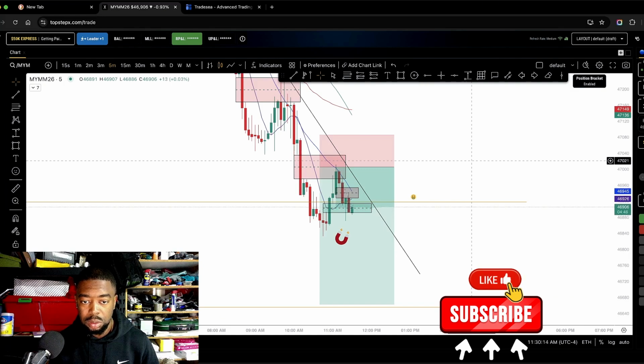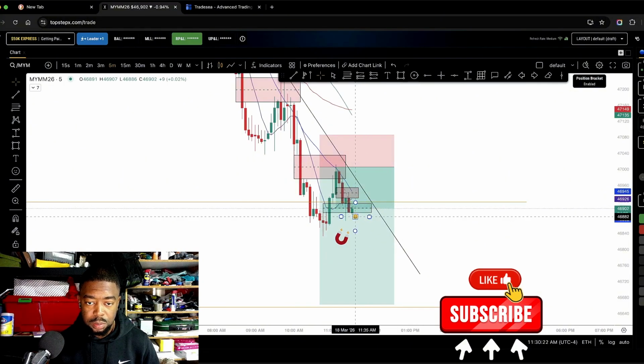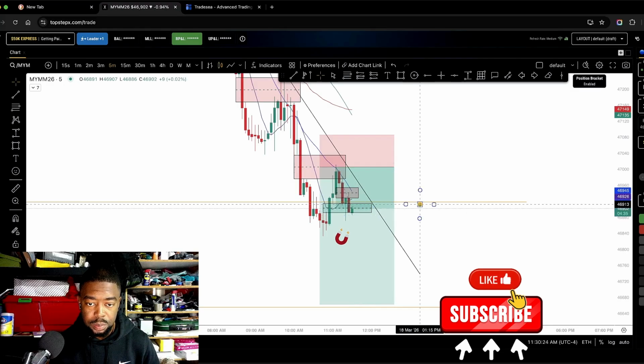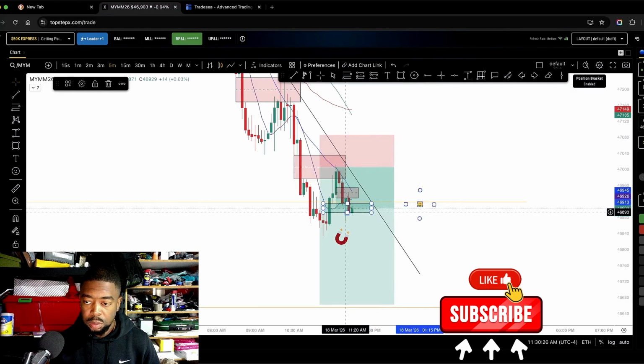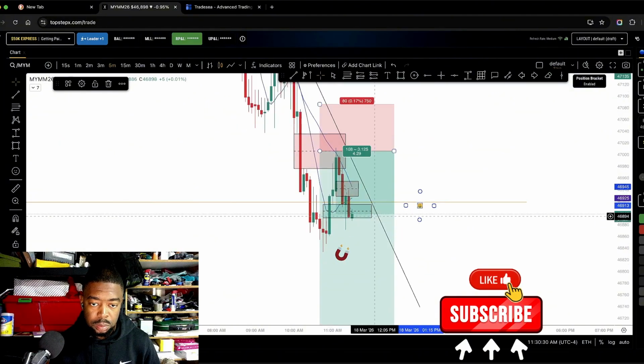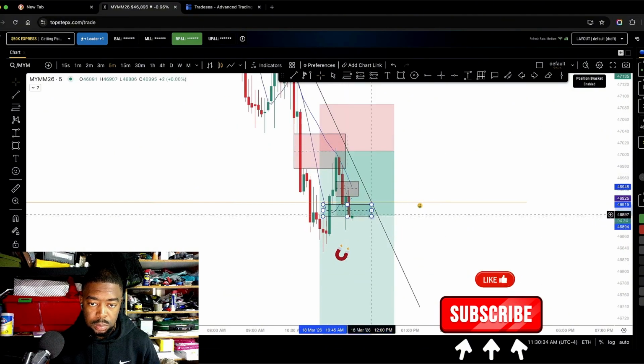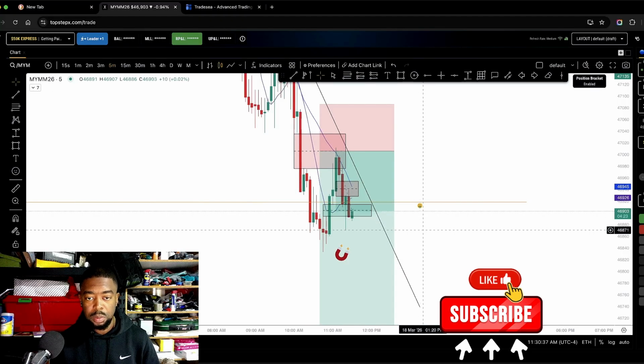And it's still not confirmed down yet. We still haven't inversed this fair value gap. Or did we? Actually, we might have a little bit.